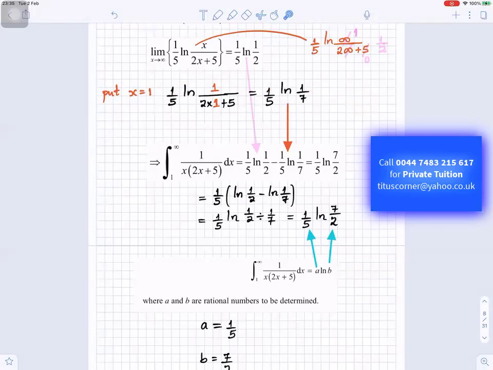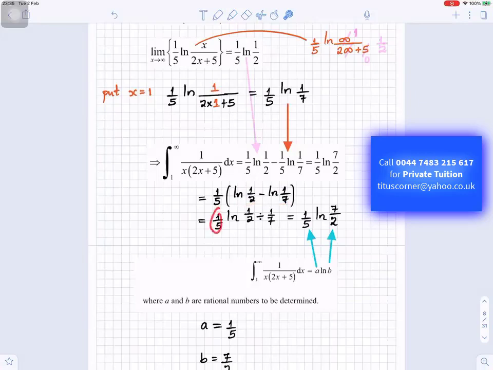So what we have now is 1 over 5 ln half minus 1 over 5 ln 1 over 7. 1 over 5 is common, so we can take it out of the bracket. And then you're left with ln half minus ln 1 over 7. When you subtract logs, you divide them.